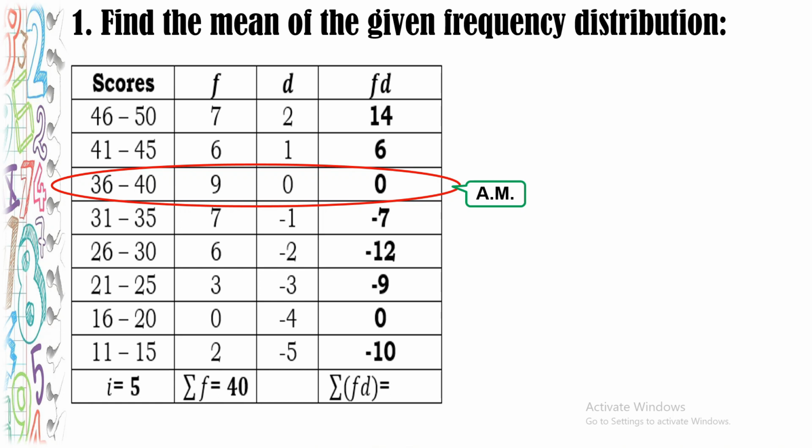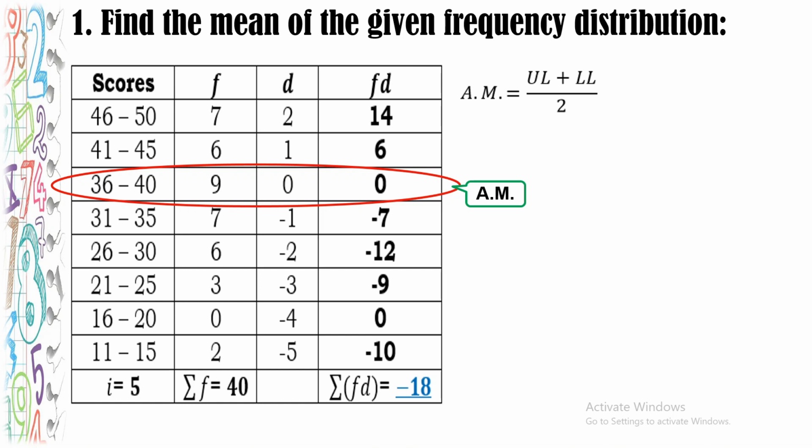Now, since we have completed the FD column, we can now find for the summation of FD. And that is -18. Now, before we solve for the mean of the given data, we have to find first for the value of AM. The AM is the class mark of our assumed mean.